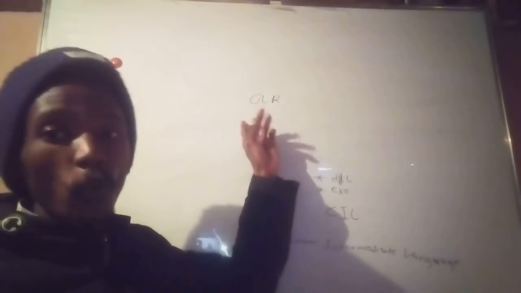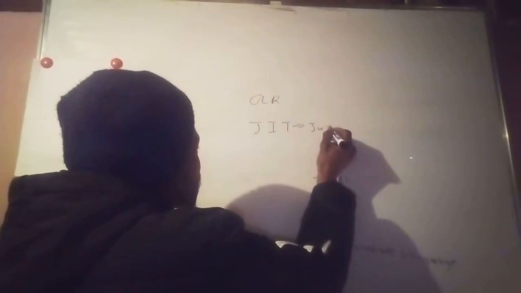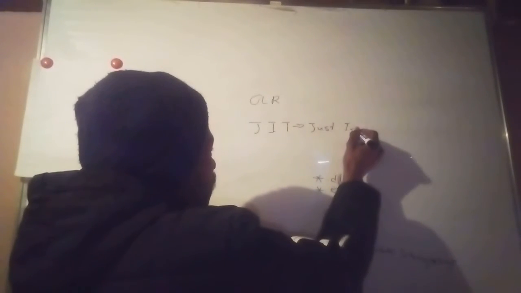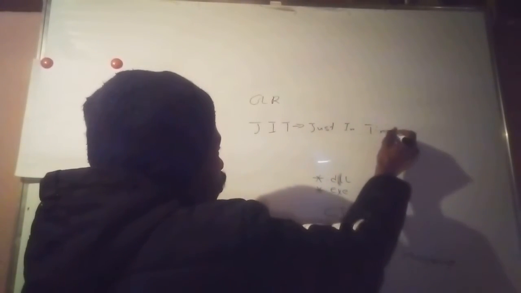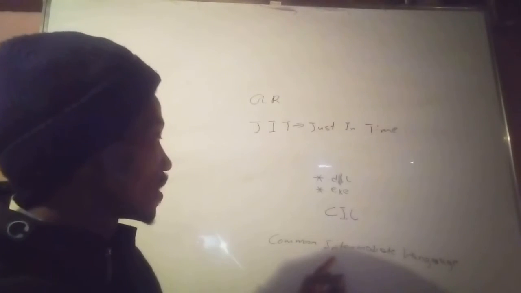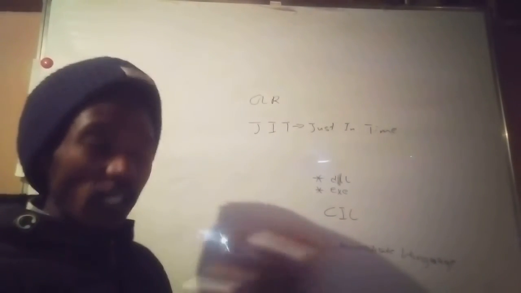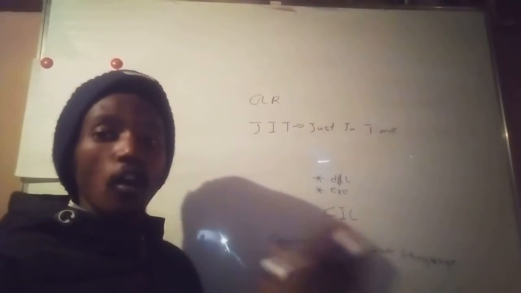Now, depending on where your application will be executing, the CLR defines a subcomponent called the JIT. JIT is an abbreviation that stands for Just in Time Compiler. This is the component that is responsible for taking the CIL and converting it to a platform specific set of instructions.